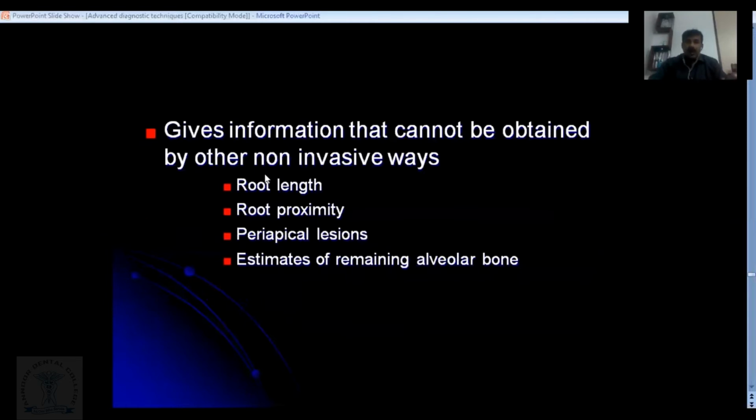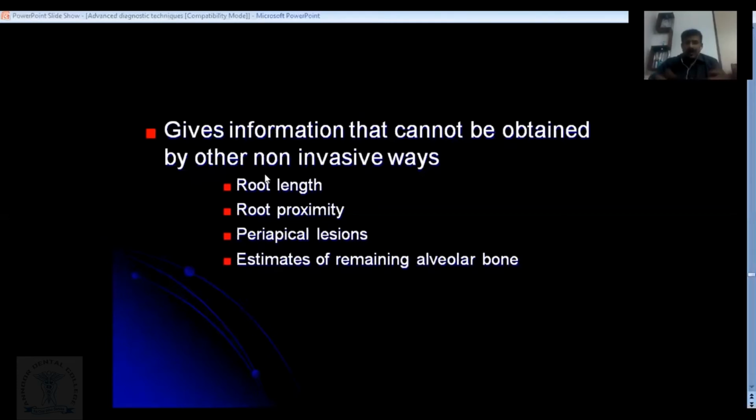Okay, the only non-invasive way by which we can attain certain data is by radiographs only. Take for example, you want to know the length of the root. You are doing a root canal treatment and you want to know the length of the root. How will you measure that? You probably insert a file and then take a radiograph.